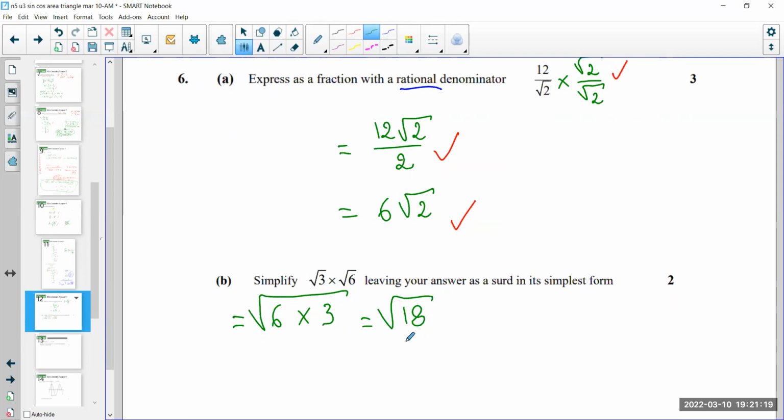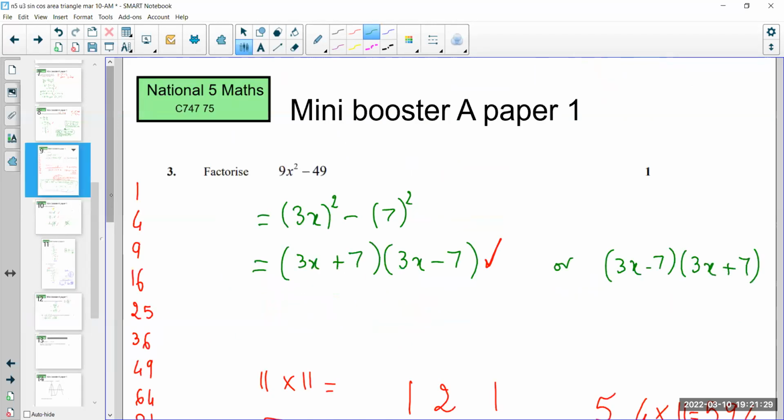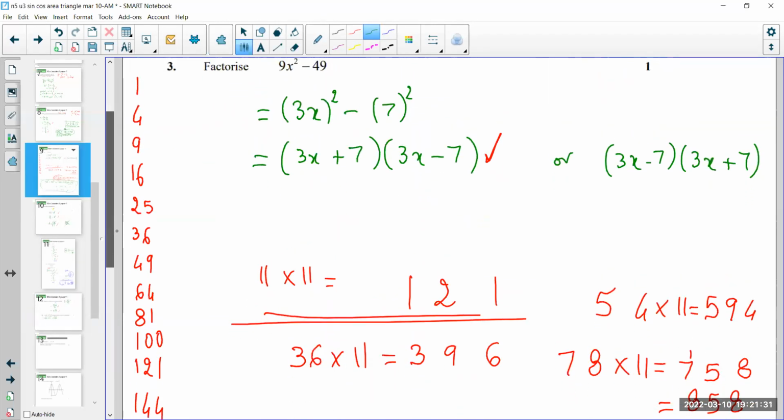Now, whenever you see a number, the first thing you need to do is, can I extract a square number from it? So I've got 18. You put on the side of your paper that list. Is there a number here that I can times by something to give 18?